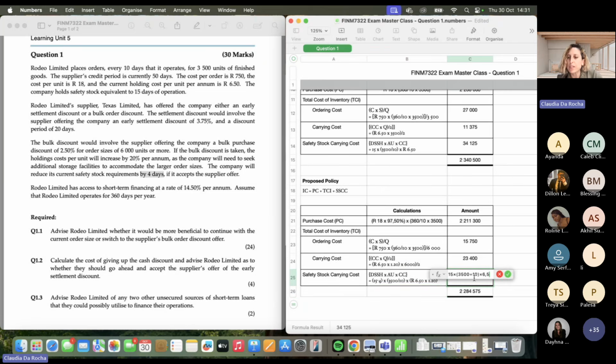If I update this calculation, it gives us 228,480.